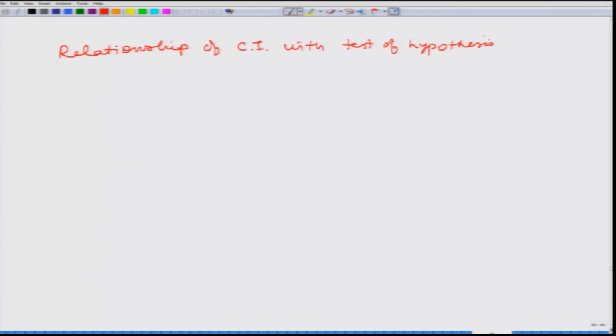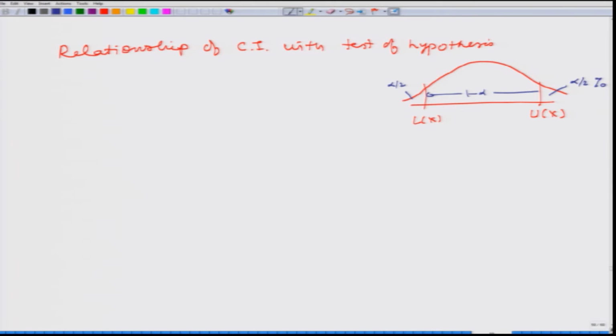Okay. So, you have seen that in the case of confidence interval, essentially we are trying to find two statistics, Lx and Ux, the lower bound and upper bound, and we believe that this area is 1 minus alpha, and this area is alpha by 2, and this area is alpha by 2. Right.